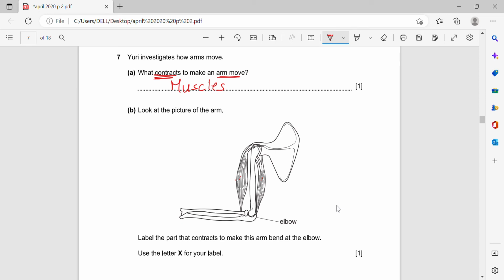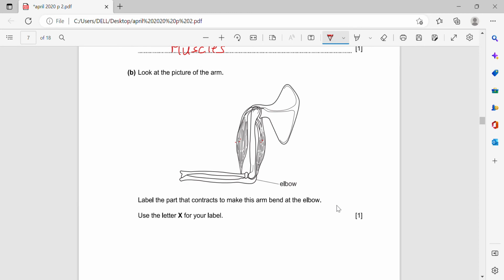Look at the picture of the arm. Label the part that contracts to make this arm bend at the elbow. This is the elbow. Use the letter X for your label. So I have to label the part that contracts to make the arm bend. Actually, this is the part that will contract to make the arm bend.